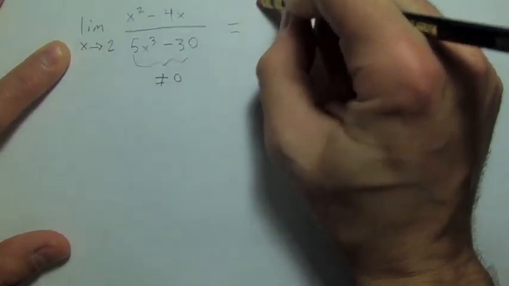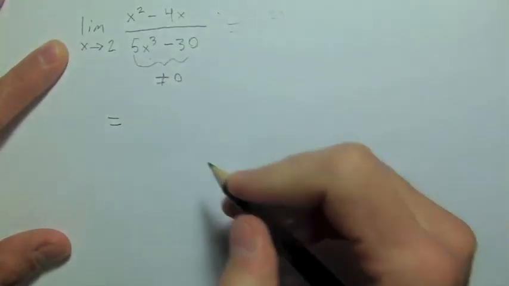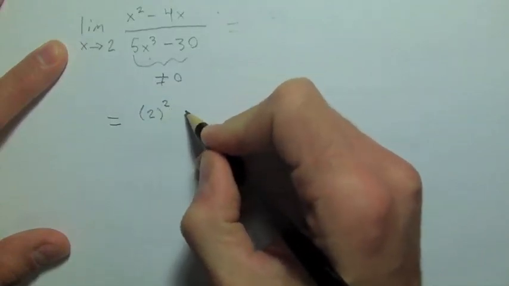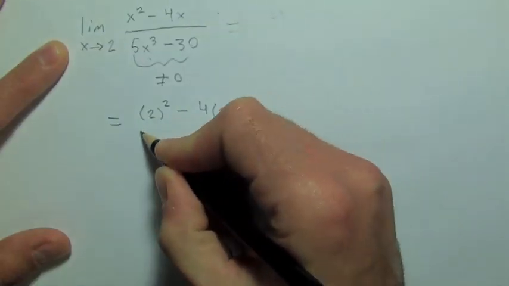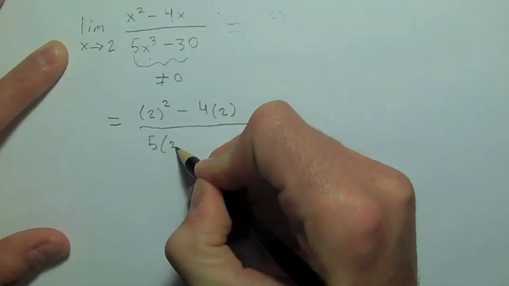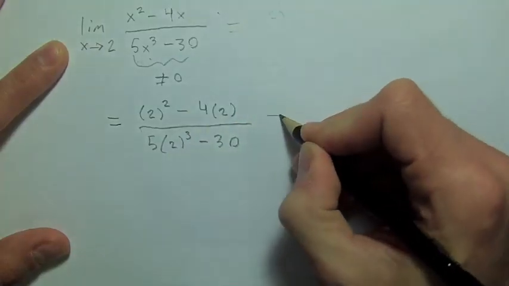looks like the camera's not picking that up very well. Let me do that underneath here. If I plug in 2, that will be 2 squared minus 4 times 2 all over 5 times 2 cubed minus 30.